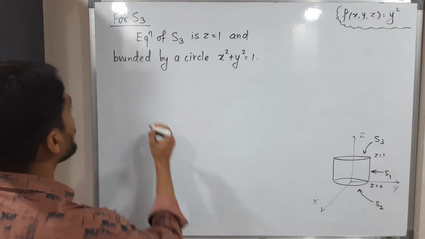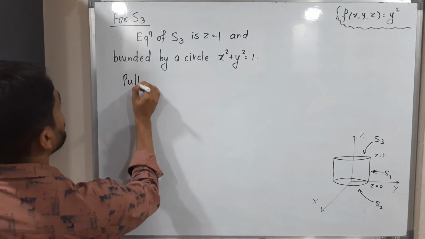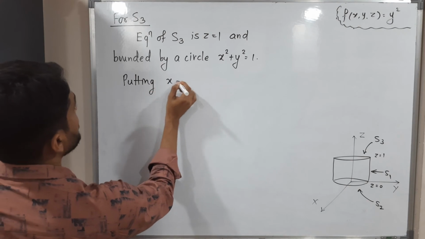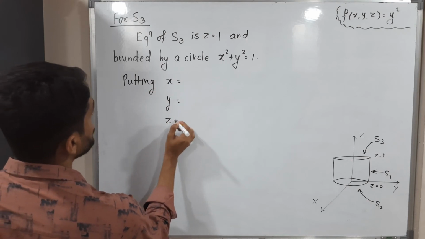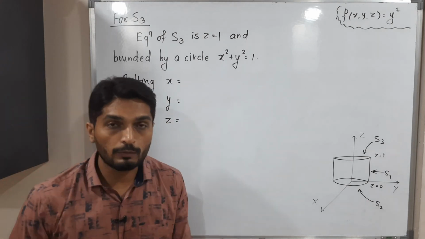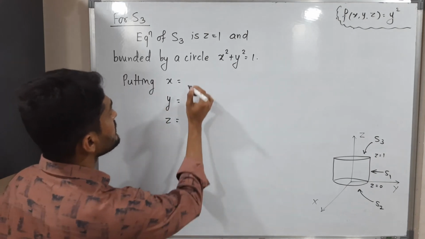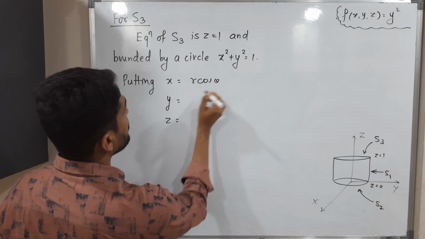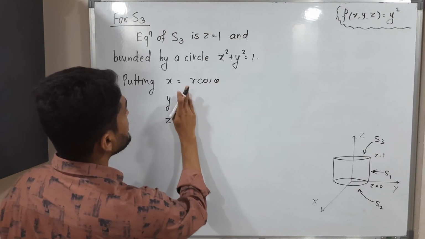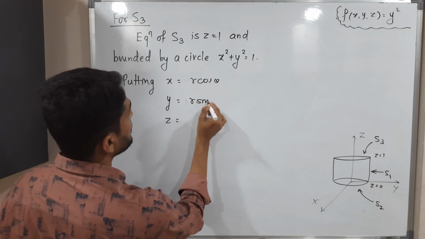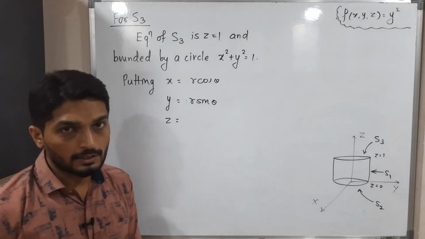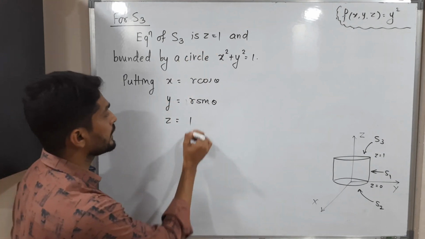So for that I am putting x, y, z equal to. When we have a cylinder, we go for the cylindrical coordinate system. So x is equal to r cos theta, y is equal to r sin theta, and z is fixed, whose equation is 1, so the value is 1.